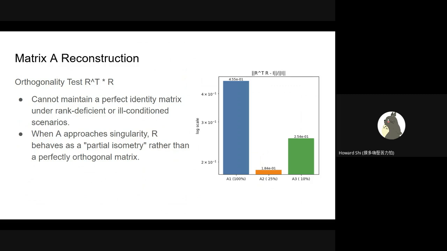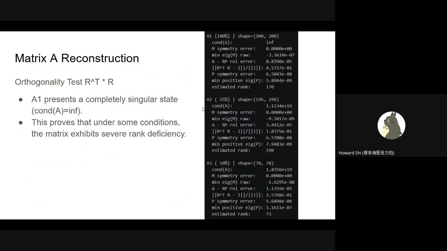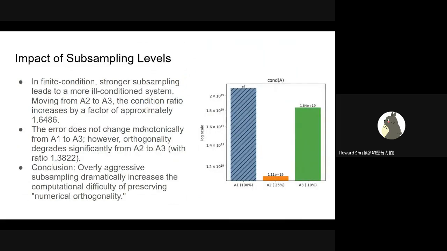Next page. To illustrate this, in the A1 test case, the matrix presented a completely singular state. This is proven by the condition number of A being infinite. The severe rank deficiency under certain conditions confirms our expectation for the behavior of R. Next page.